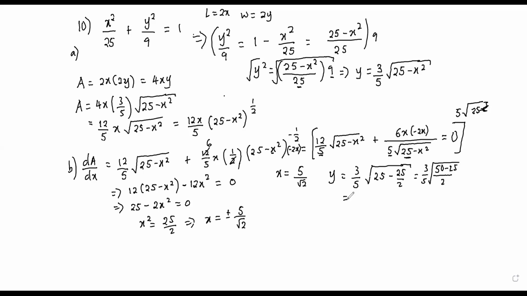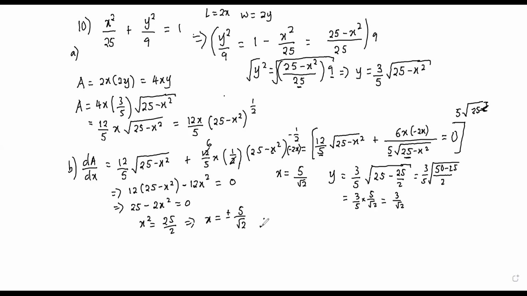So that will be 3 over 5. 50 minus 25 is 25, and root 25 is 5 over root 2. So that is going to be 3 over root 2 as our y.